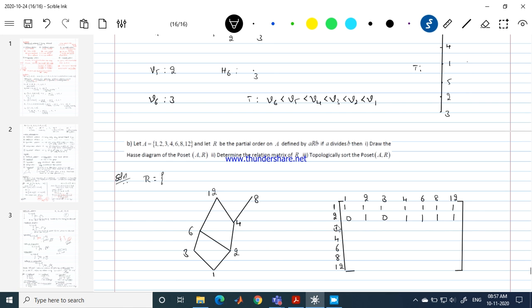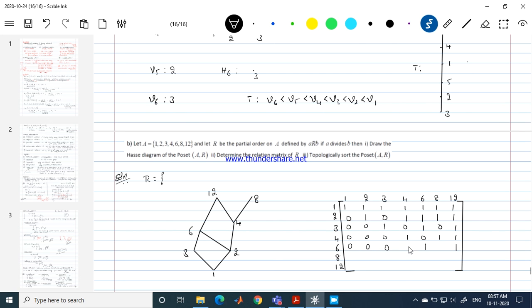So these entries have to be zeros. Starting with 3. So 3 divides itself, 3 divides 6, 3 divides 12. The remaining entries are zeros. Starting with 4. So 4 divides itself, 4 divides 8, 4 divides 12. So these entries have to be zeros. Starting with 6, 6 divides itself, 6 divides 12.